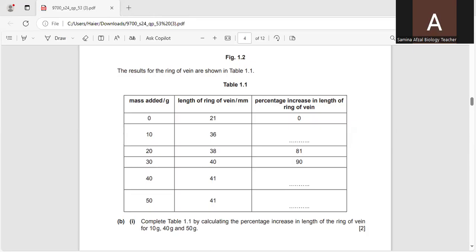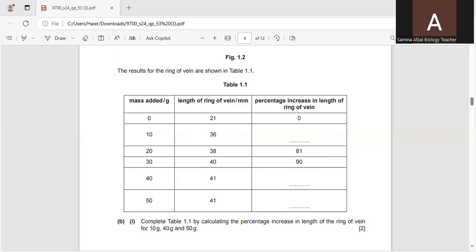So the mass added is 0, 10, 20, 30, 40, 50, and the lengths are 21, 36, 38, 40, 41, 41. So percentage increase in length of the ring of vein, we have to calculate the value.